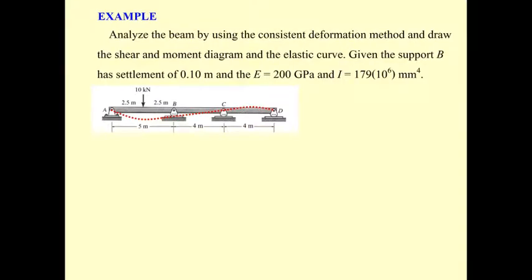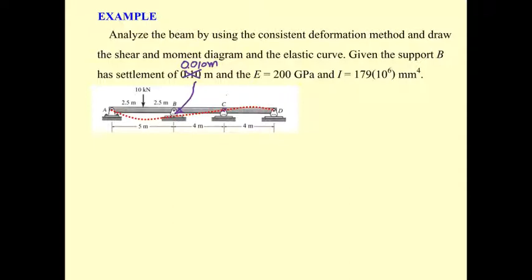Okay, let us consider this beam as before, but this beam is a special one with a settlement of 0.01 meter at point B. This is going to be the downward settlement, and this support has no settlement.